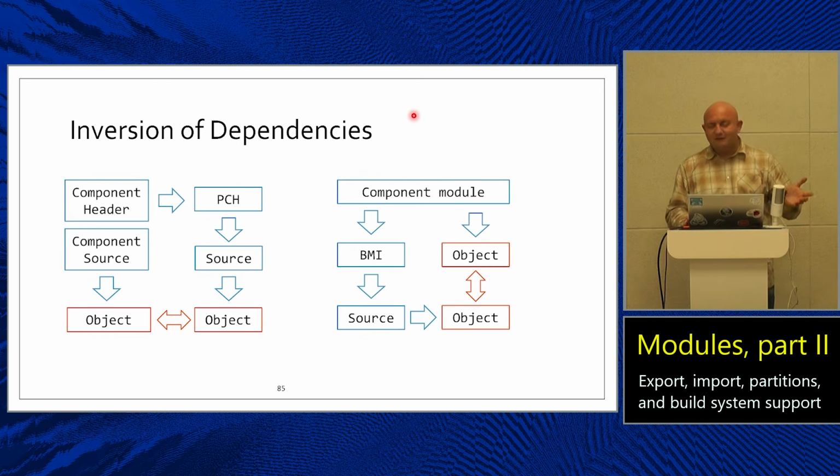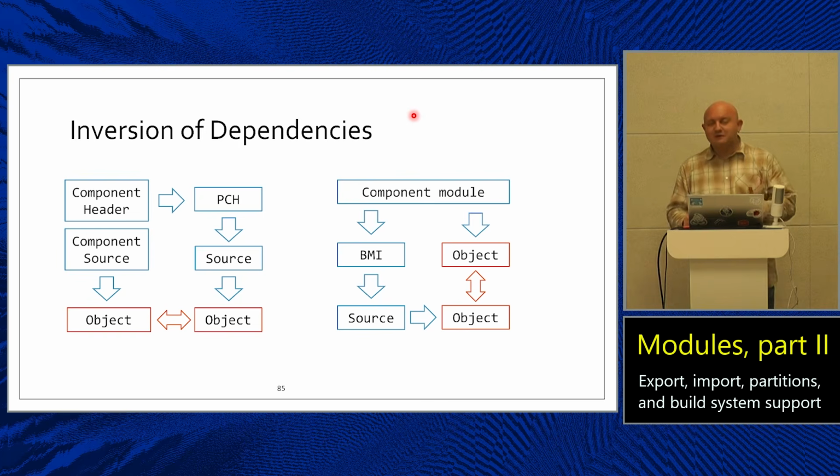A BMI file, that's the compiled interface, and the object file, that's the actual compiled code. The BMI plays the same role that a precompiled header used to. But now it's a proper language-level construct, and this idea scales. Even if your component module spans many files, in the end you still end up with the same two products: the BMI for the compiler and the object files and libraries for the linker.